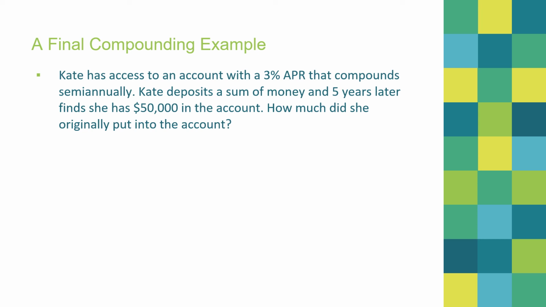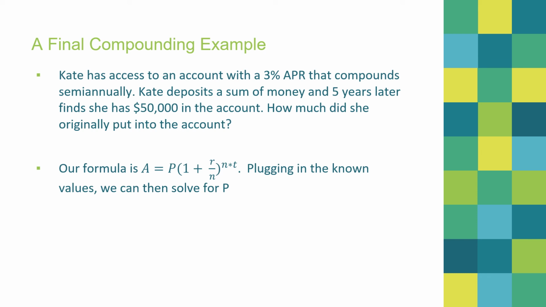Well, remember the formula is just A equals P times 1 plus r over n to the power of n times t. We can plug in the known values and then just solve. So we'll get 50,000 equals P times 1 plus 0.03, because that's the rate, divided by 2 to the power of 2 times 5.